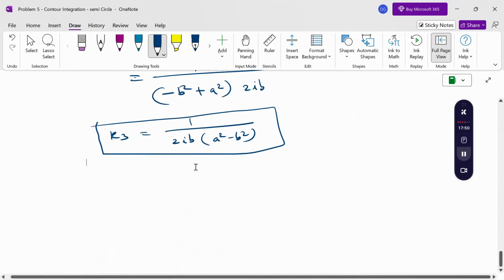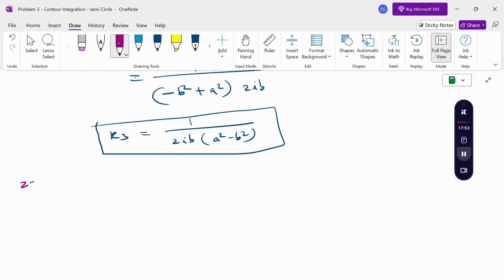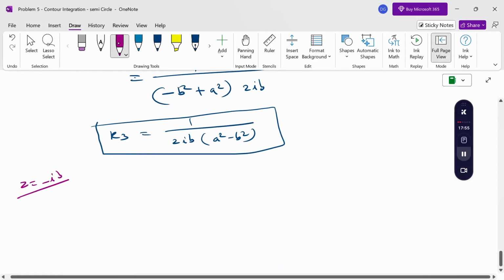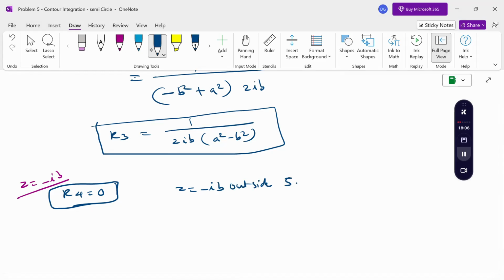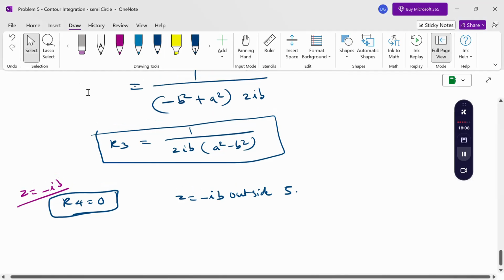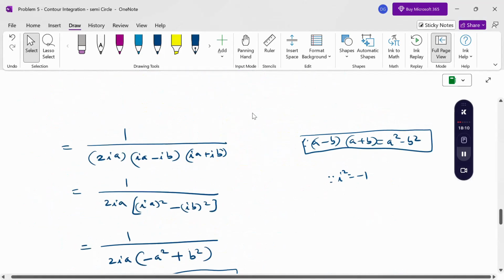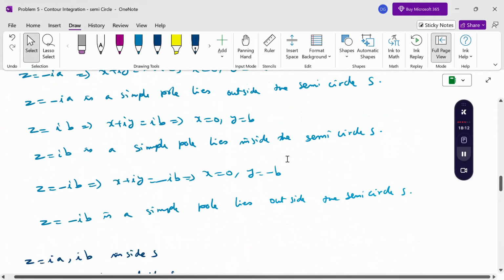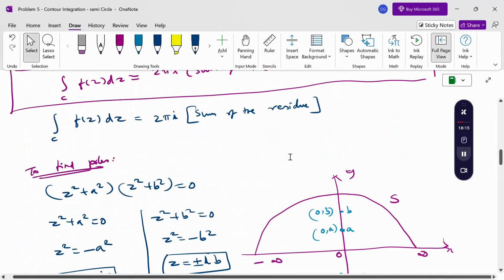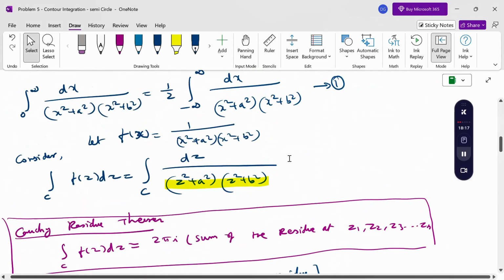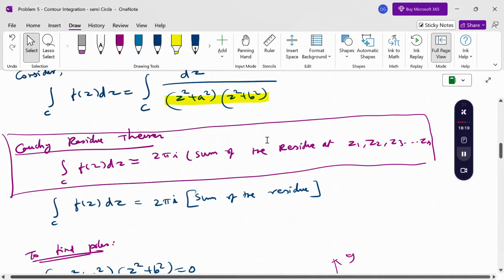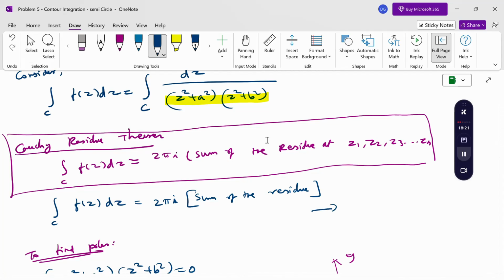Now residue 4, z equal to minus ib, residue 4 is 0 because z equal to minus ib is outside the semicircle. Now the previous part, integral over C of f of z. This is the equation number 2.